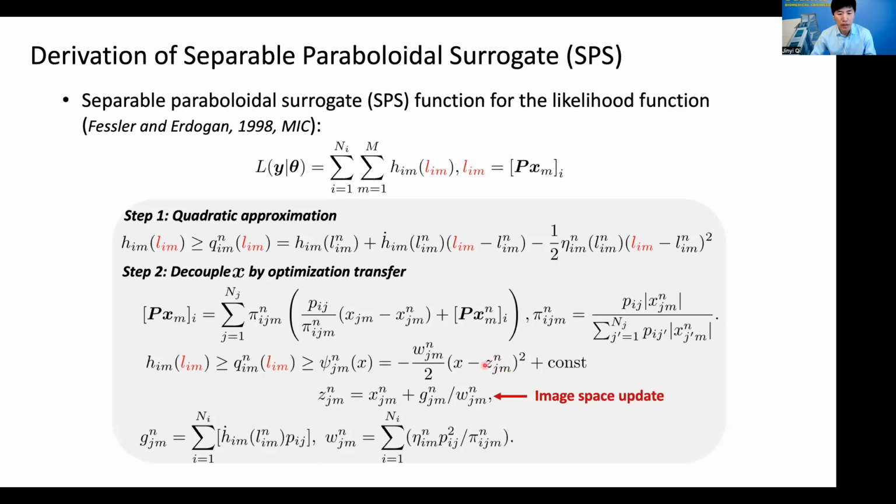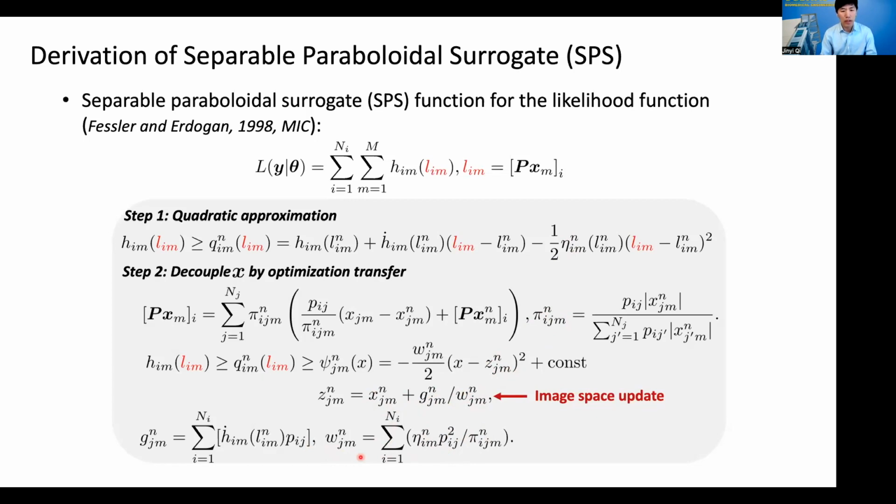That's just the new image update, which can be computed by taking the current update plus the gradient divided by the curvature W. And that W in the previous slides can be computed from this curvature eta, multiplied by the projection matrix and divided by this weighting factor, and summed over all the bins. Okay, so that's some details on the algorithm itself.